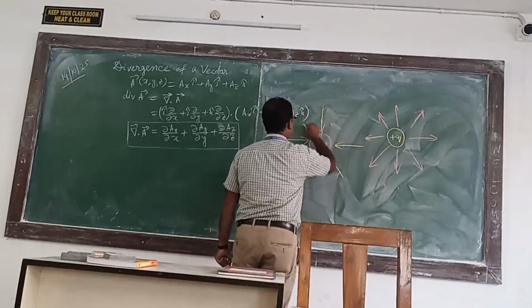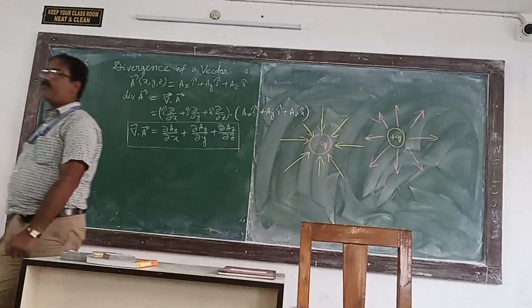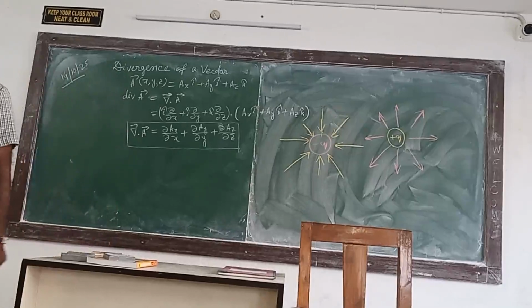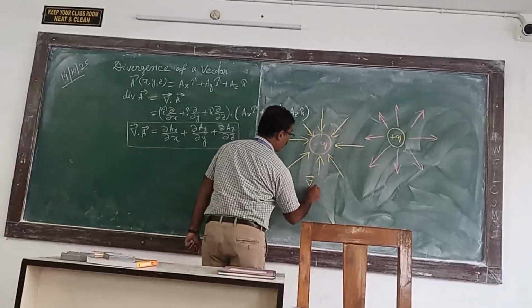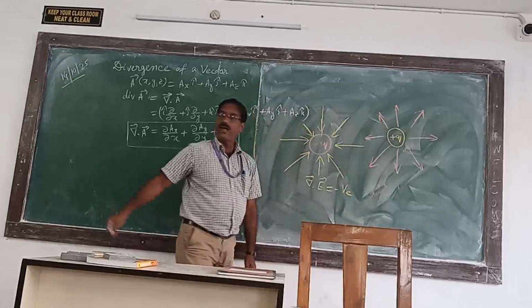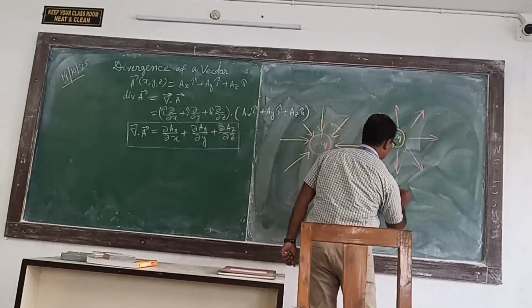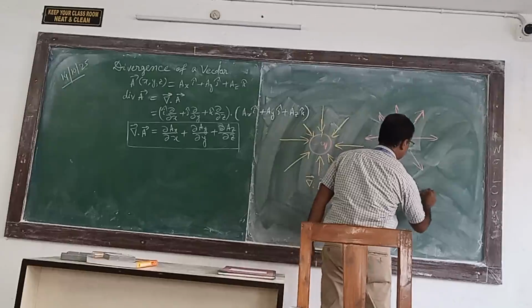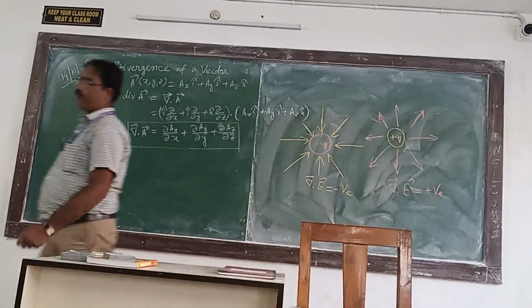So when the field is converging, then the divergence of that field is negative. So here we have the divergence of E negative, and here divergence of E is positive.